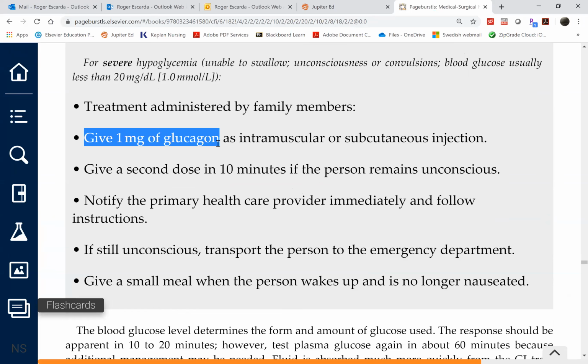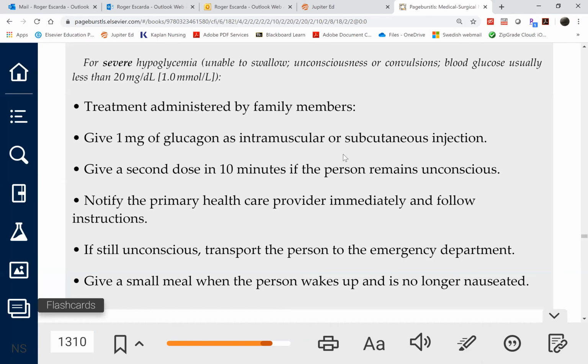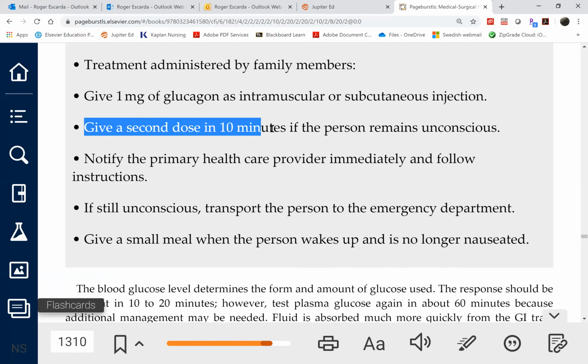This is either in a pre-filled syringe containing 1 milligram of glucagon, or the patients have to draw it up. So the kit will have a 1 dose vial of glucagon, and then a syringe. Give a second dose if the patient remains unconscious after 10 minutes.